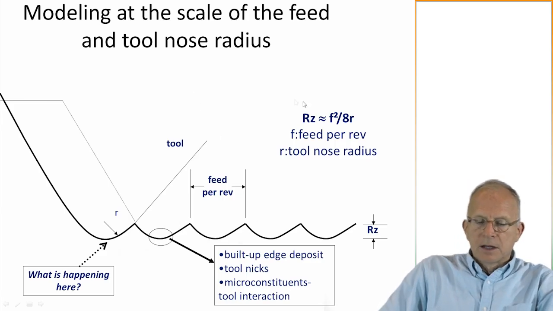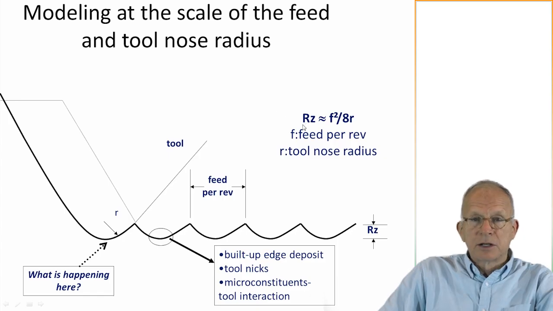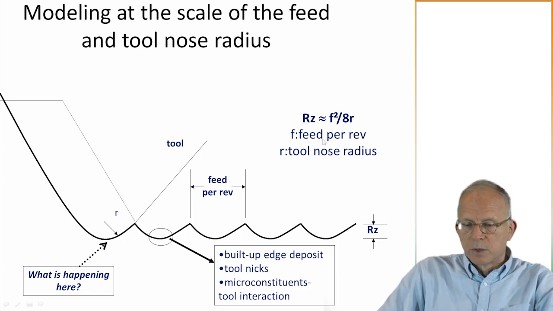Now, in the classic definition of machine surface roughness, we look at Rz, which you will recall is the peak to valley roughness. And so here's the peak, there's the valley, there's the Rz. And this can be related to the tool nose radius and the feed per revolution. And we'll show you in a moment how that is done.